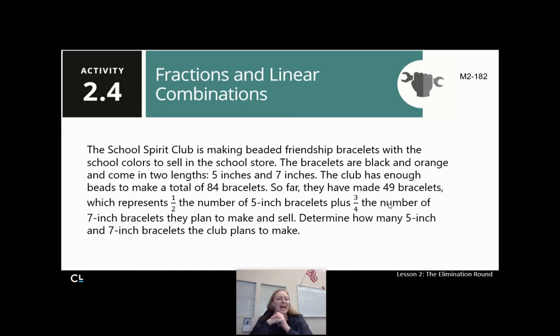The club has enough beads to make a total of 84 bracelets. So far, they have made 49 bracelets, which represents half the number of 5-inch bracelets plus 3/4 the number of 7-inch bracelets they plan to make and sell. We want to determine how many 5-inch bracelets and how many 7-inch bracelets the club plans to make.